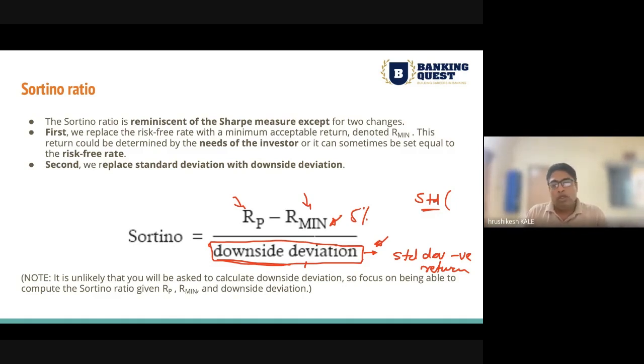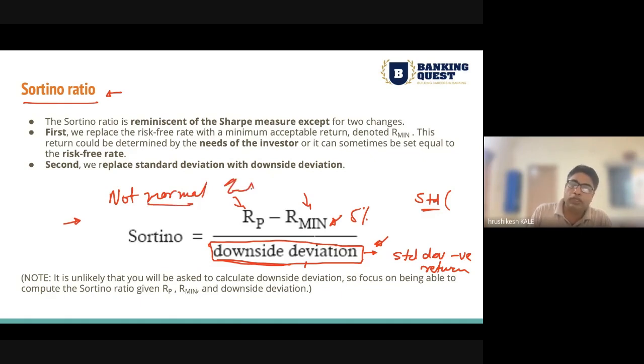Now, always remember Sortino ratio is difficult to calculate but easy to understand. So unless you are a hedge fund manager, you will not go for Sortino ratio, because a hedge fund manager works with non-normal investments, not normal distribution investments.